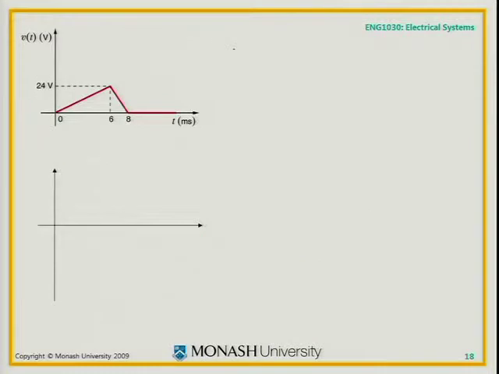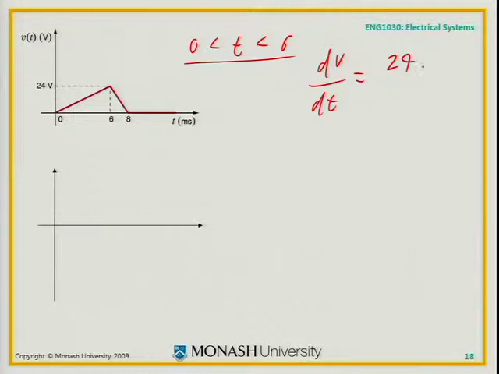What is dV/dt for t bigger than 0 and less than 6? The rate of change of voltage with respect to time must be 24 volts divided by 6 milliseconds, which is 4 kilovolts per second.